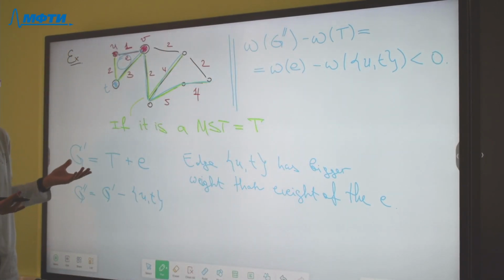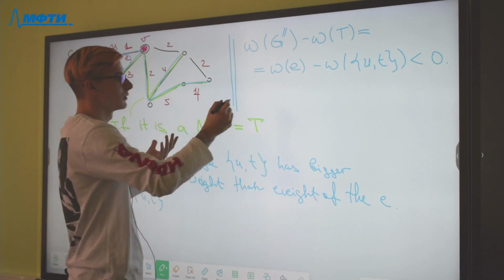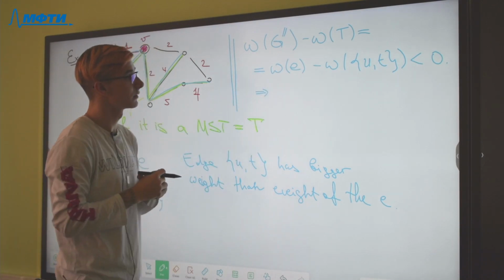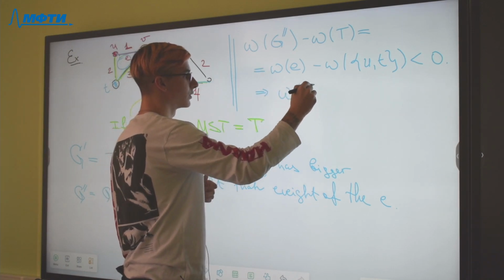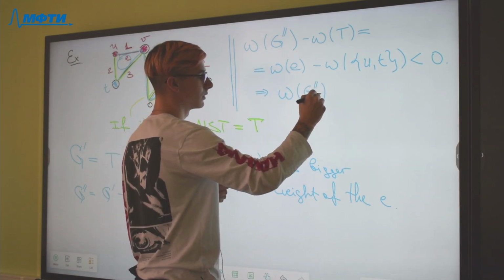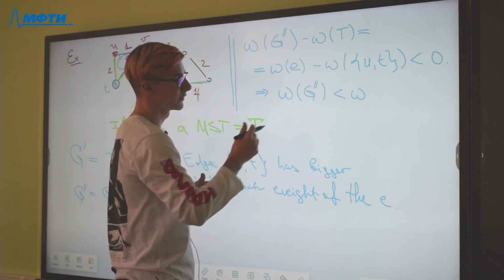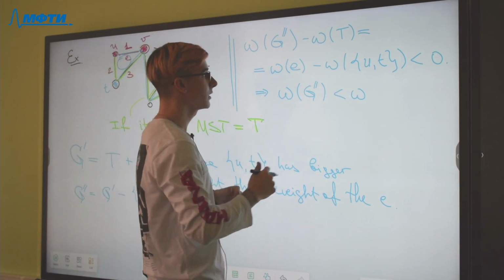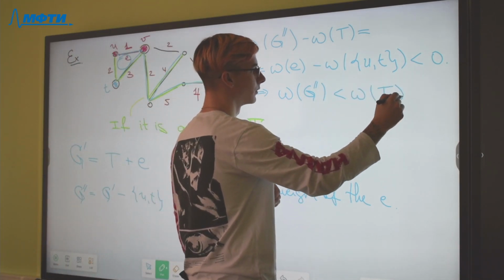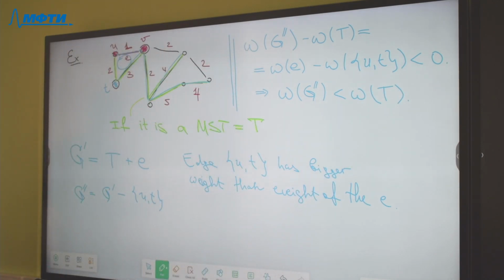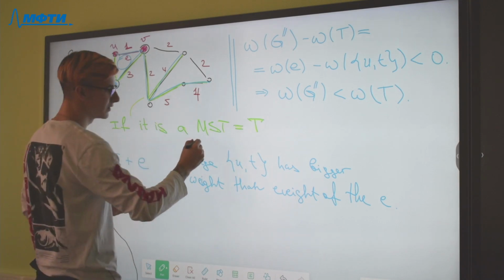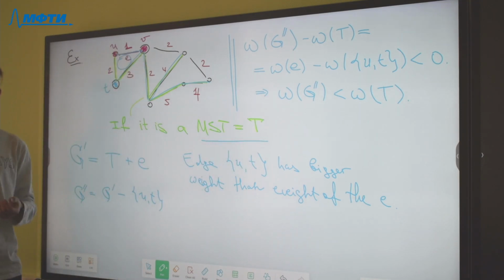Then as a consequence, we say that the weight of G with 2 primes is smaller than the weight of T. And so we have a contradiction because firstly we said that T is a minimal spanning tree.